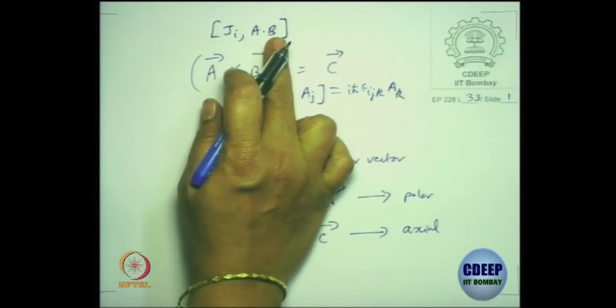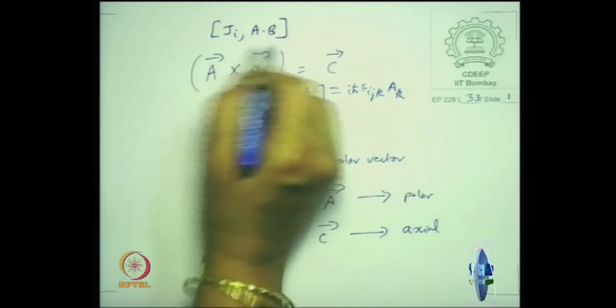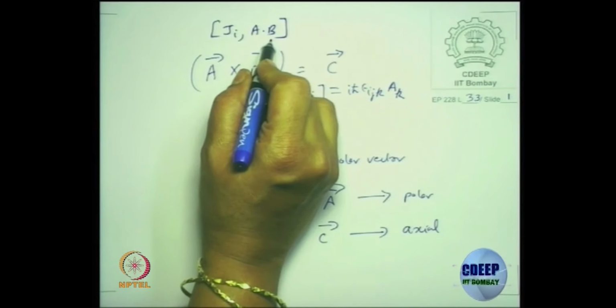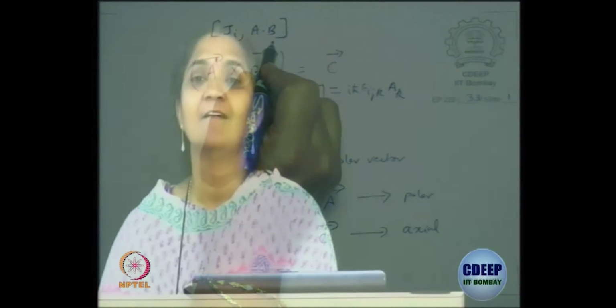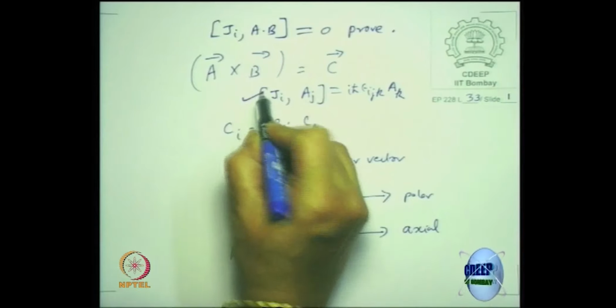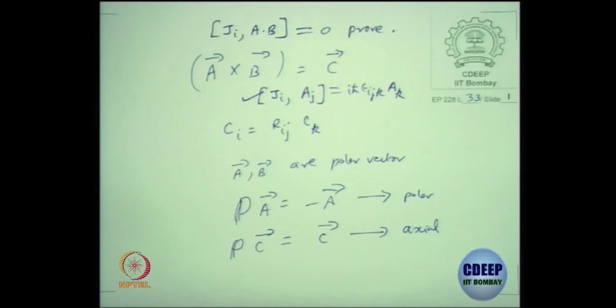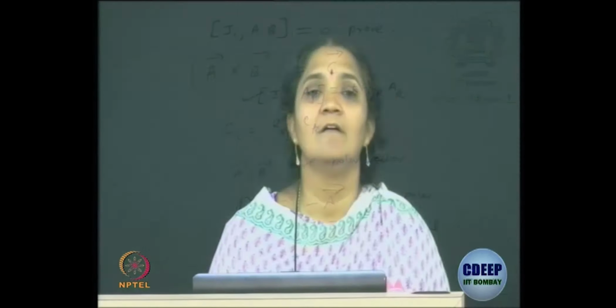And you know A dot B behaves like a scalar. So you should be able to show that the commutator of J_i with A dot B is, what is it? Zero or non-zero? Zero, right? It has to be zero. So please prove this also using this. This way you will get a handle on how to play with the commutator bracket, and you know the answer and you are verifying the answer. R dot P is a scalar, so R dot P has to commute with J.